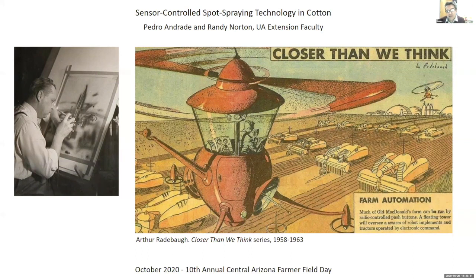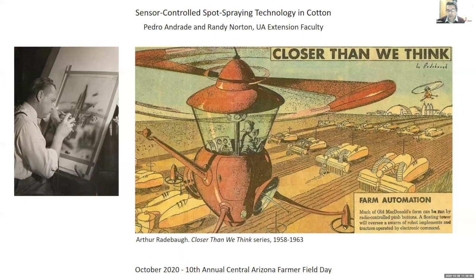So back in the 50s, early 60s, there's this series of Closer Than We Think. Mr. Rodebaugh made a number of drawings, suggesting, even by the title, that this is something we're going to see in the near future.